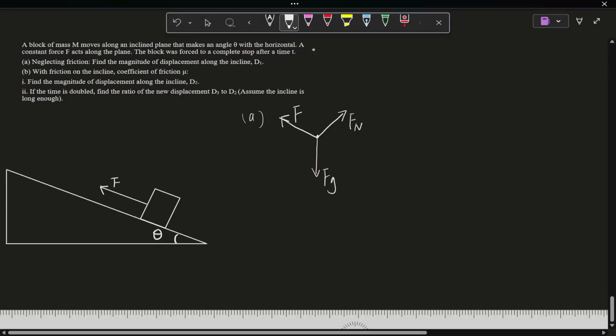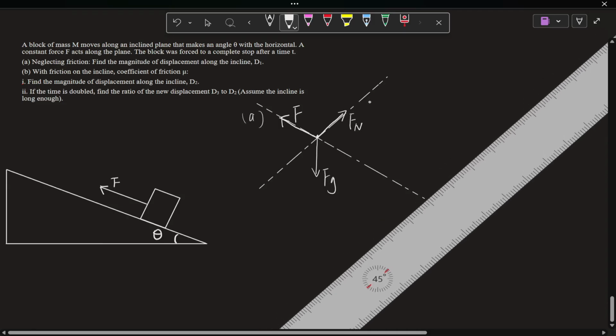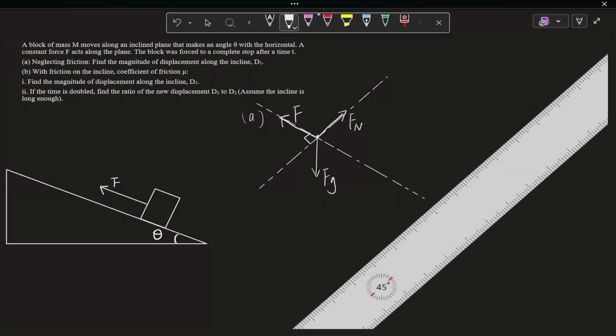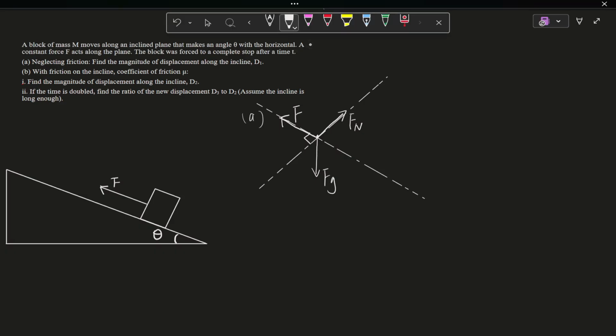So this is still a type of incline question. It looks terrible, but let's assume it is perpendicular. So for the direction along the incline, there are two components of the forces. One of them is the action force, and the other one is the component of the Fg, and it is opposing the direction of this F. So we can write the net force equation.